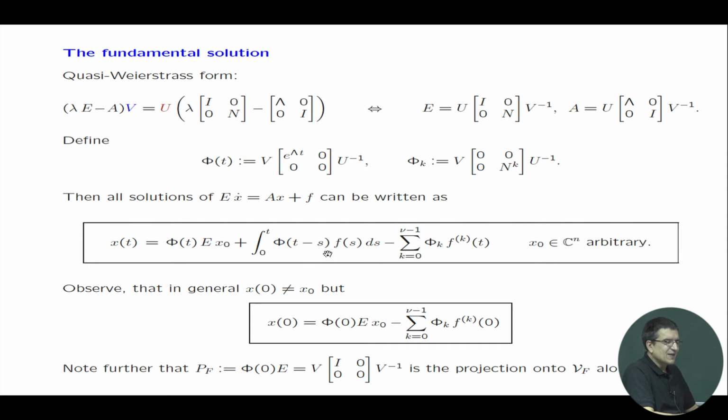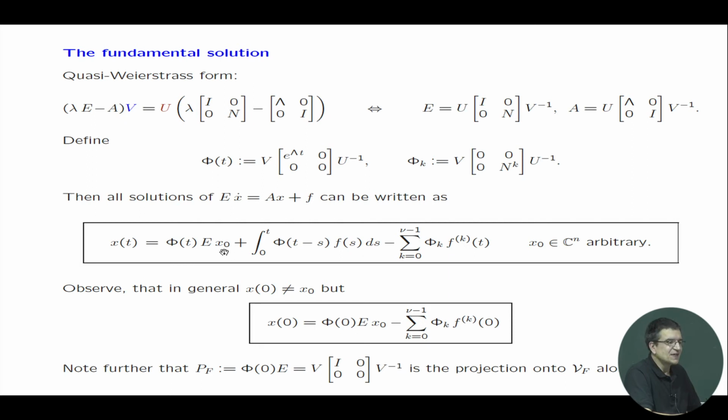This formula is nice, but there's something which is not as nice as in the standard case, namely, in the ordinary differential equation case, this x0 here, which is a vector which can arbitrarily be chosen, is the initial condition.